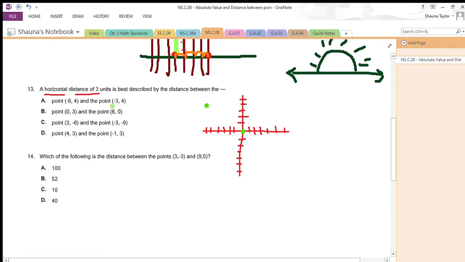And then the other one is -3 and 4. So -1, 2, 3, and then up 1, 2, 3, 4. So those two are right there. So let's see if we can find the distance between these. Let's see if it's 3 units, okay? So let me come over here and get me a smaller line.